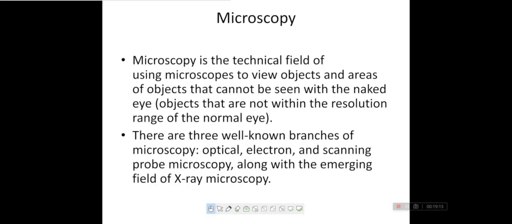Now next is microscopy. What is microscopy? Microscopy is the technical field of using a microscope to view objects and areas of objects that cannot be seen with the naked eye. Remember this.